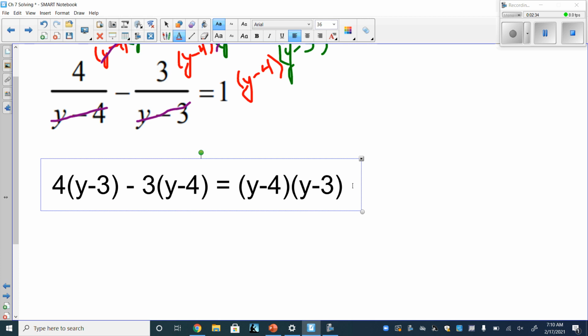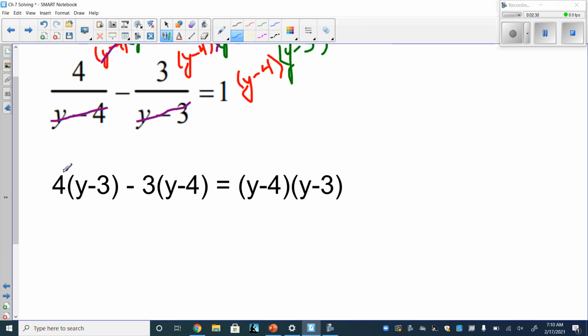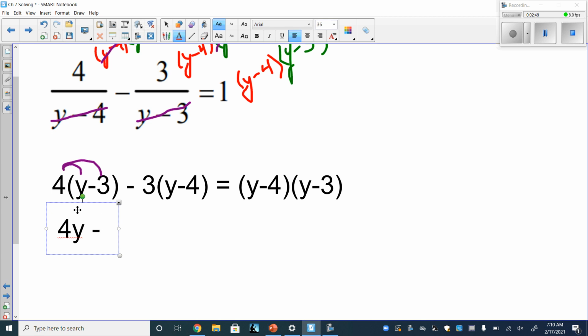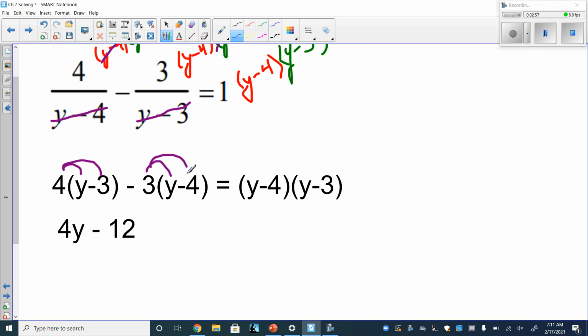Now we just need to solve. The first thing we can do is distribute the 4 through. 4 times y is 4y, minus 4 times negative 3 would be negative 12. The next thing we can do is distribute the negative 3.